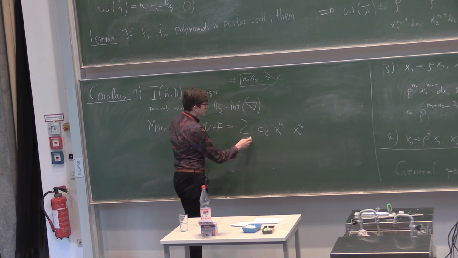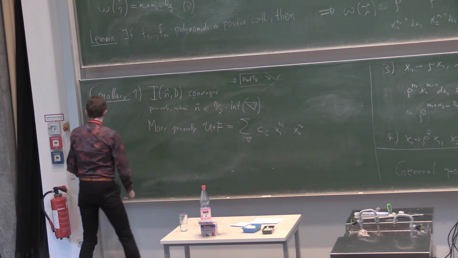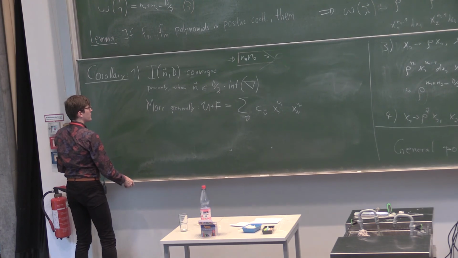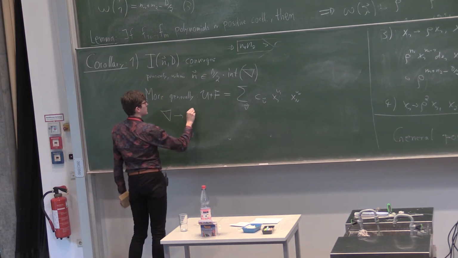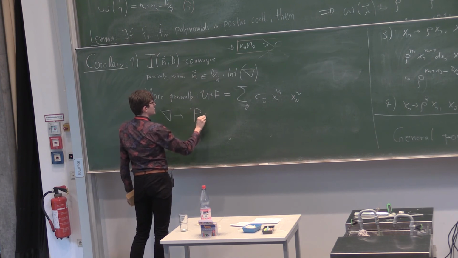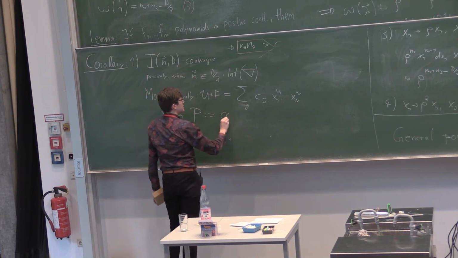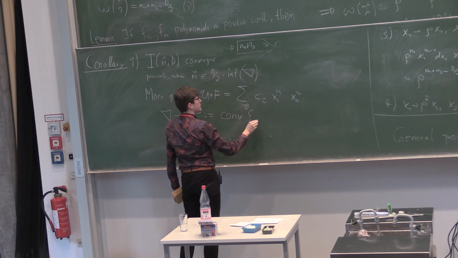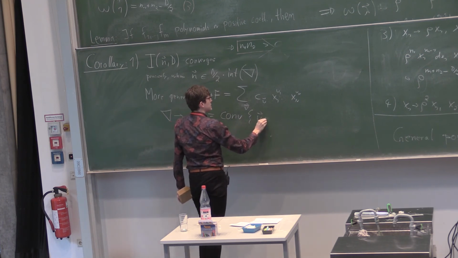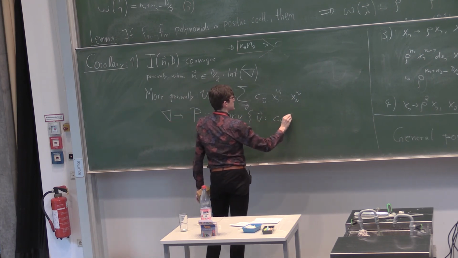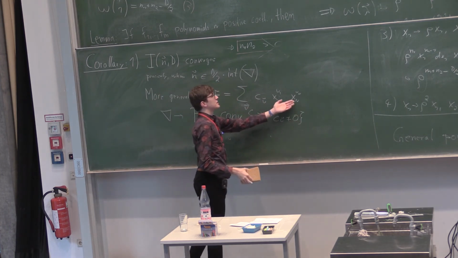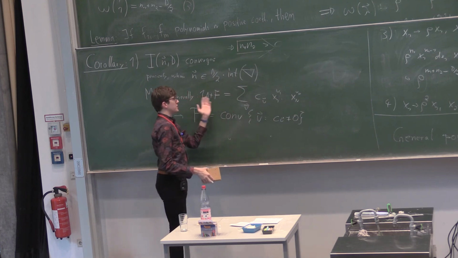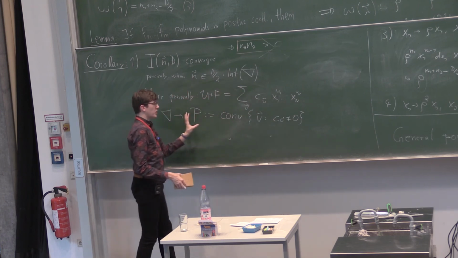And then you just take the polytope, then you replace the triangle by whatever is the polytope, which is called the Newton polytope, which is the convex hull of all of these vectors v such that c_v is non-zero. So you read off the exponents of the monomials in U plus F, take the convex hull, you get a polytope.